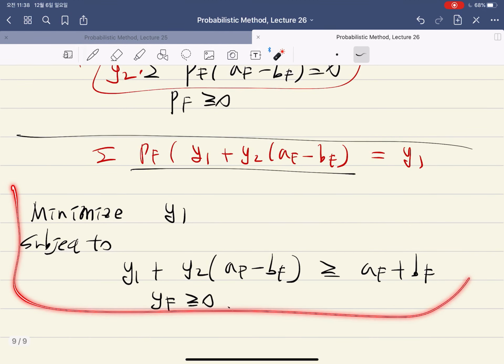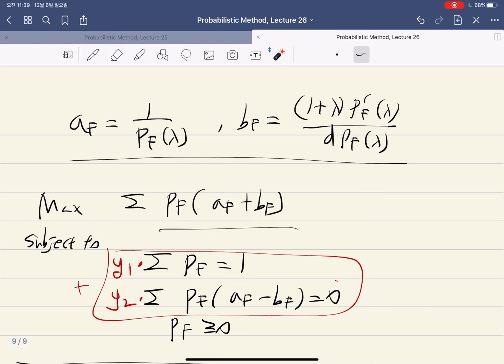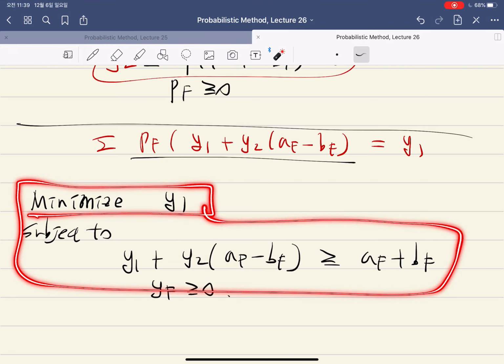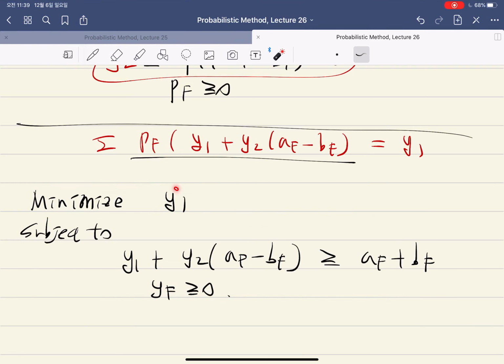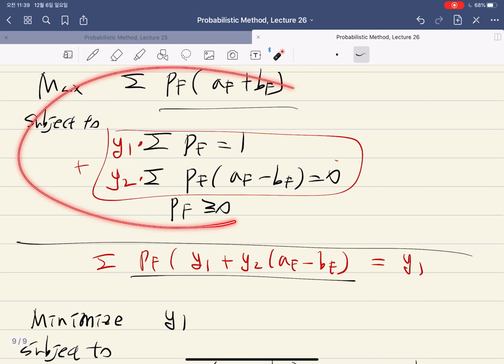Then this is the dual program, and this minimum value is clearly an upper bound on this maximum value. So what we have to do is find one value here which provides an upper bound, and then if that value is actually feasible, then it's known that it's also achieved here.